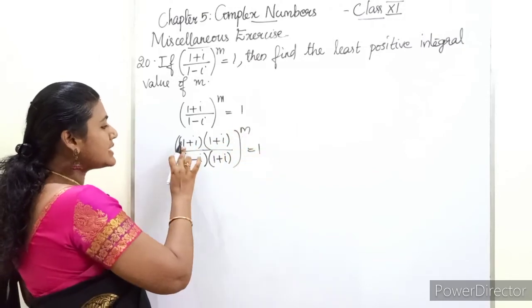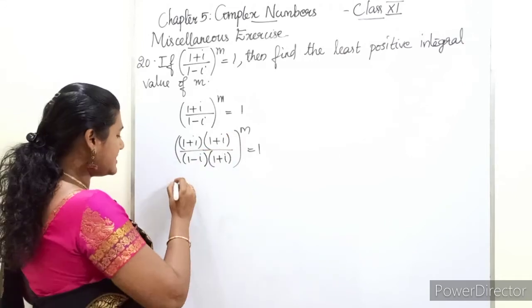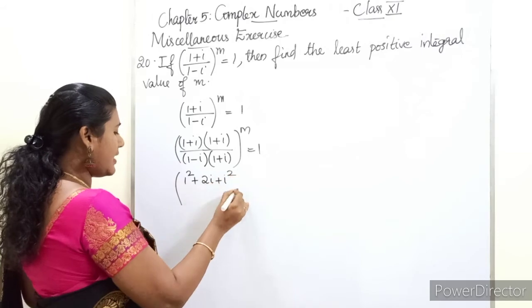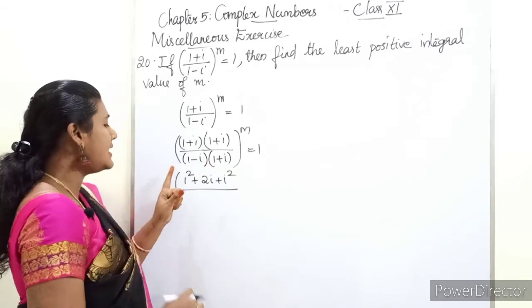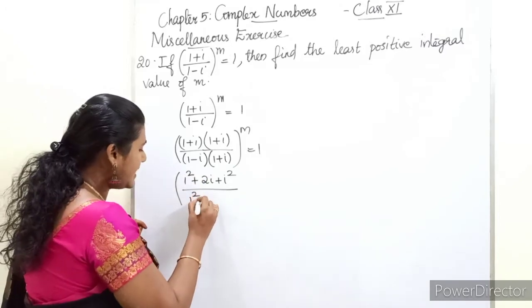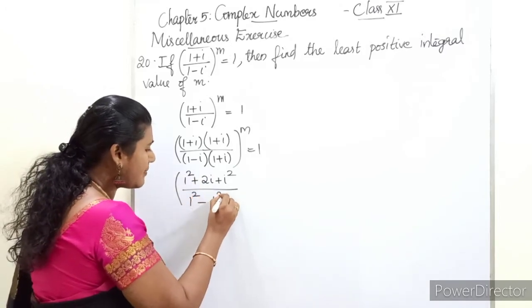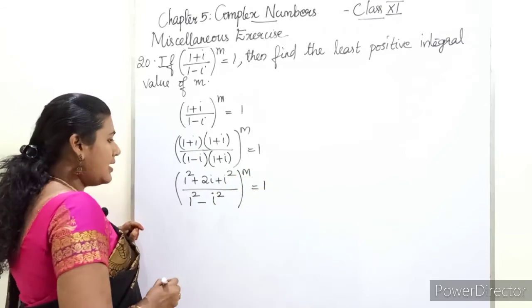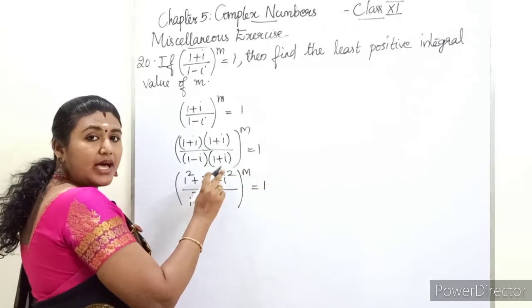So we will simplify now. In the numerator we can use the a plus b the whole square identity. So 1 square plus 2i plus i square, divided by the denominator. It is of the form a minus b into a plus b, so we can write 1 square minus i square. The whole power m is equal to 1. Now what is the value of i square? Minus 1.